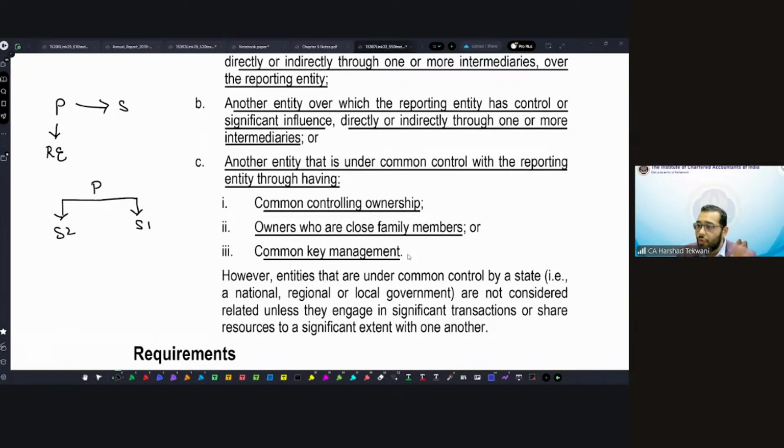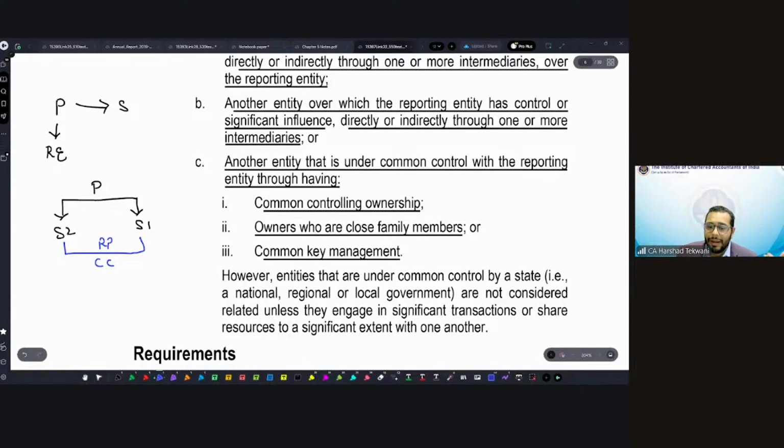Subsidiary 1 and subsidiary 2 don't have control over each other. But by virtue of this common control, they are related parties. Any one of them can be a reporting entity. If subsidiary 1 is a reporting entity, subsidiary 2 will be a related party. If subsidiary 2 is a reporting entity, subsidiary 1 will become a related party.